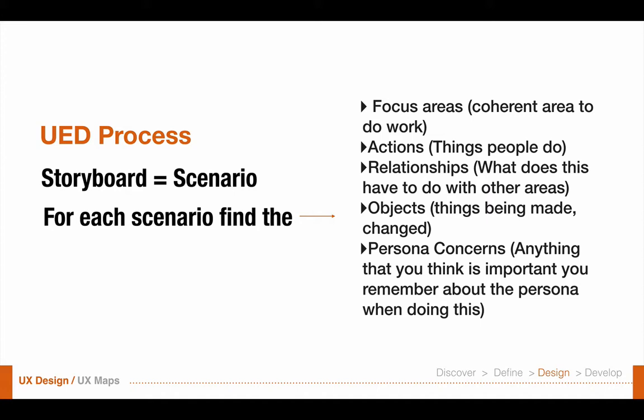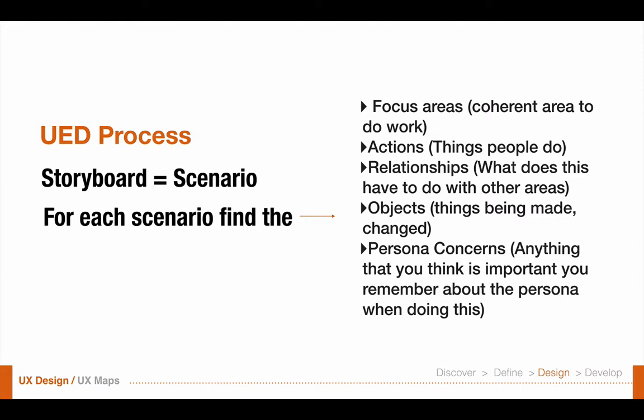And then what about the persona concern? Anything that you think is important for you to remember about the persona when they are doing this is important. So in this process, you will see an example of the UED on Blackboard, so that you will see how each focus area was displayed and how they link or connect together.